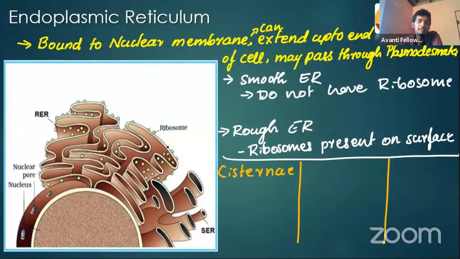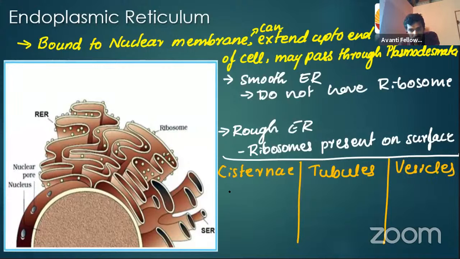We call it the ER membrane, the endoplasmic reticulum membrane. Yes, ribosomes stick to the endoplasmic reticulum membrane. There are 3 different structures in the endoplasmic reticulum: one is the cisternae, another is the tubules, and the last is the vesicles. What are these 3 different structures? The cisternae means something like this.